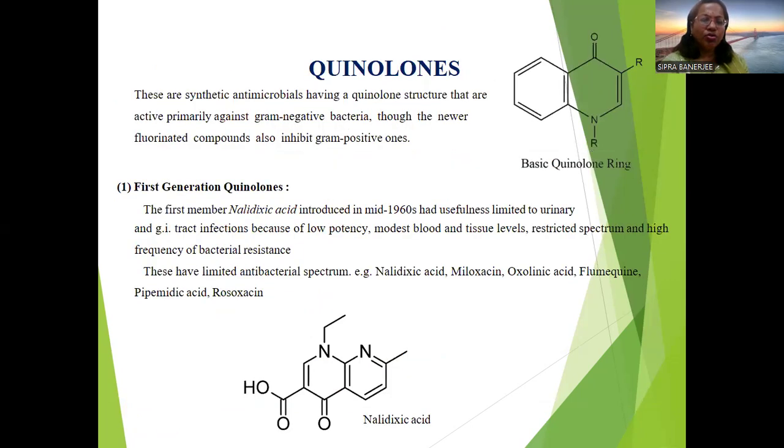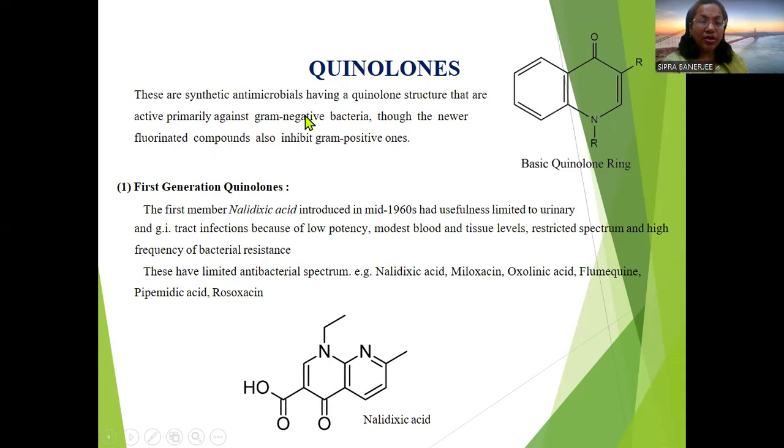Now coming to the quinolone, the important structure where the basic quinolone ring shows a benzene ring fused with a nitrogen-containing unsaturated ring, where R and R1 or R2 at the 1-3 positions play an important role, and the oxo group also plays a very important role in the killing of bacteria.